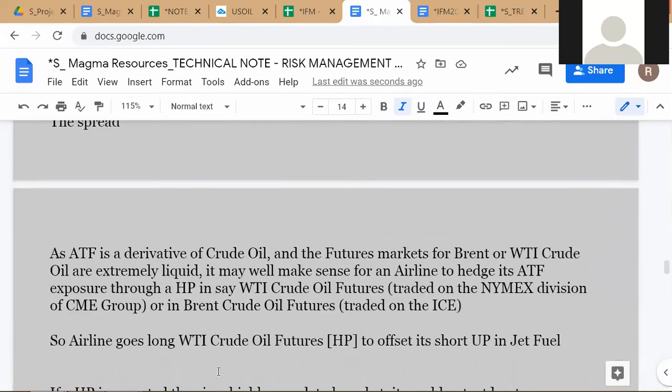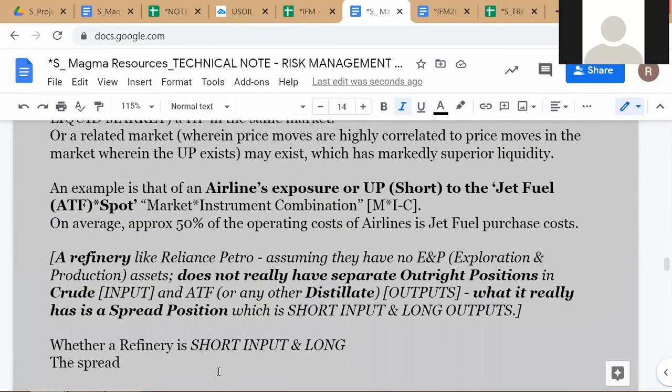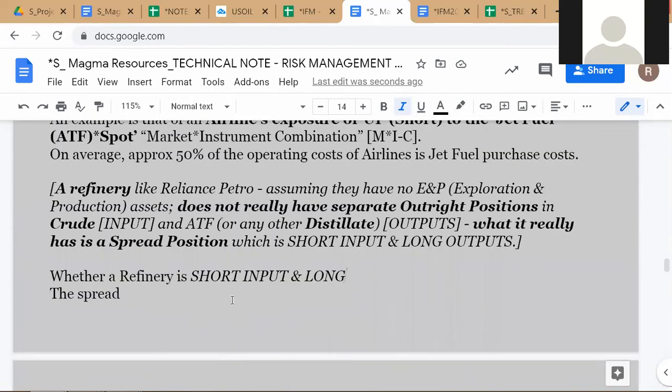So now that we have determined that, the question will arise: okay, fine, they have a spread position, but is the refinery short or long the spread? In this case, it's a crude oil distillate spread.